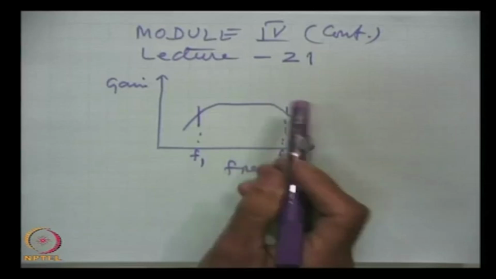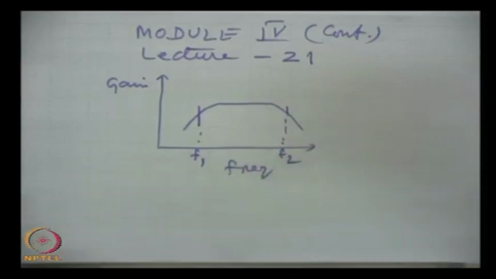So why does the gain fall at higher frequencies? As said in the beginning, this fall occurs because of the contributions of junction capacitances.